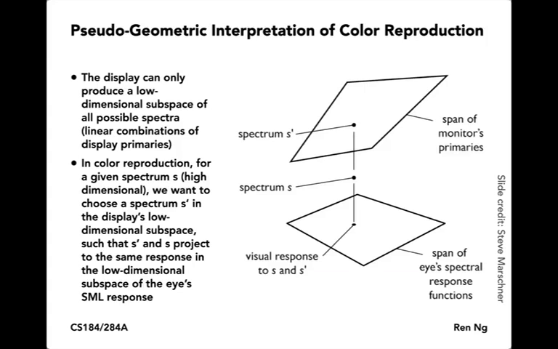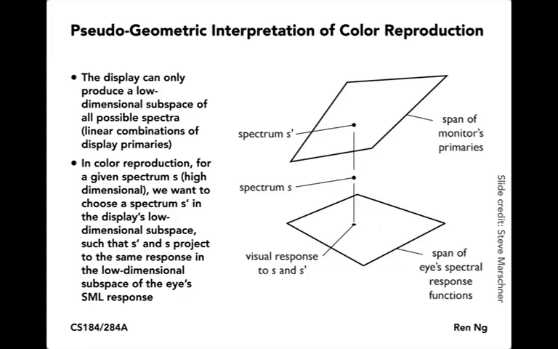And in color reproduction, for a given target spectrum S, say that color behind the damselfly in the real world, we're trying to find a point in the low dimensional space of the display primaries that is a metamer for S. And therefore, when a person looks at it, it will also project onto the same position in the low dimensional spectral response function of the eye.